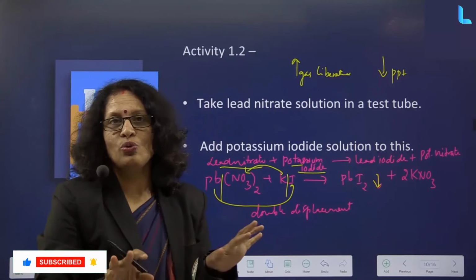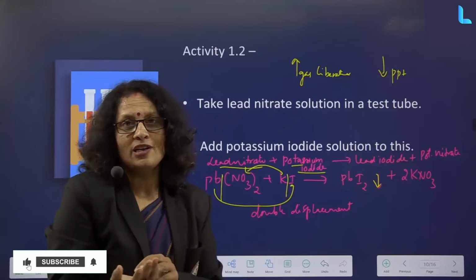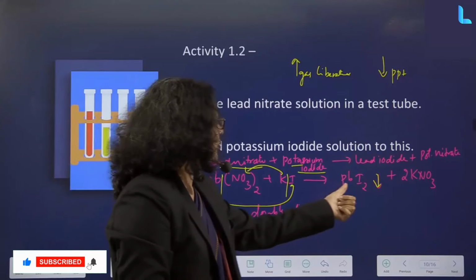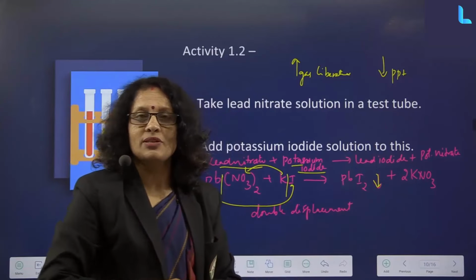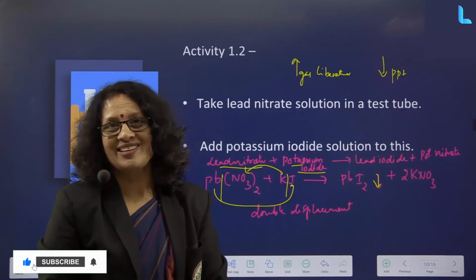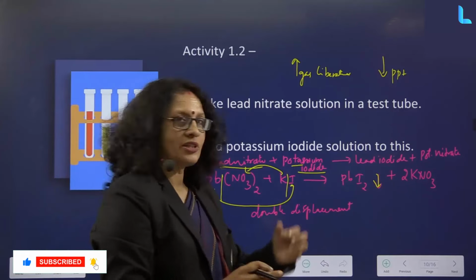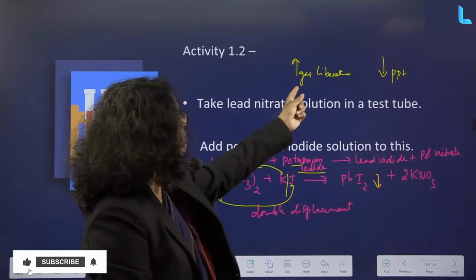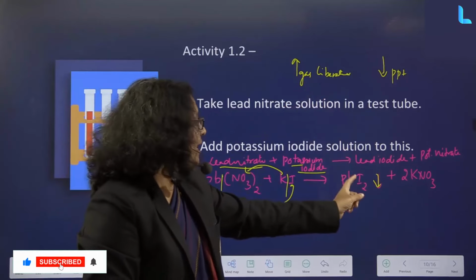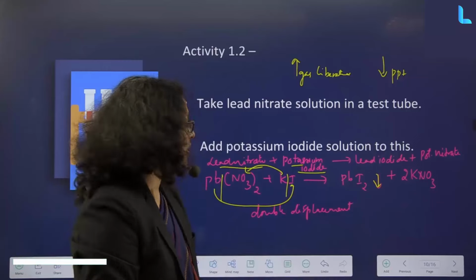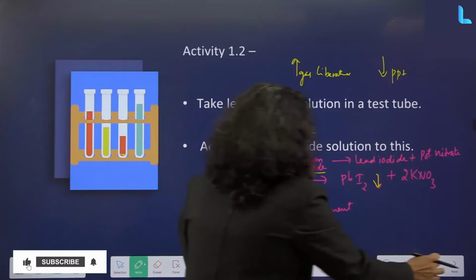When no arrow is indicated, the substance might be in the liquid state. So a gas liberated and a precipitate appearing can be indicated this way. Okay, we have to remember all this.